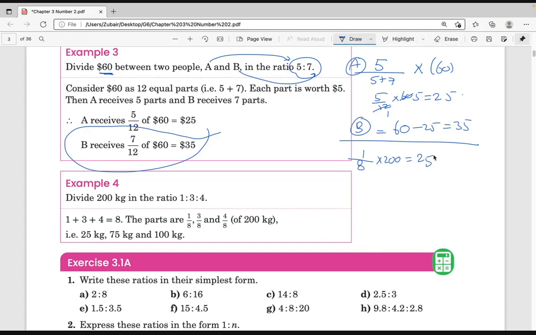Now the question is simple, because in this question we are actually having 1. So I can simply multiply 3 with 3, 4 with 4. So third one makes it 25 into 3 is 75. And the fourth one is 1 by 2 of the total, which makes it 100.